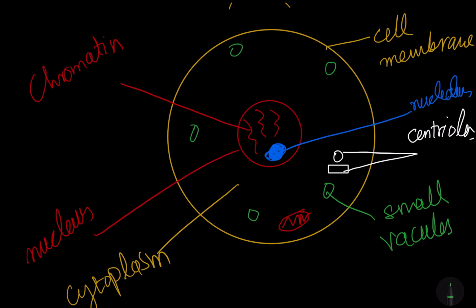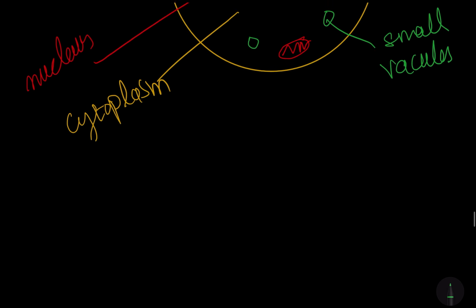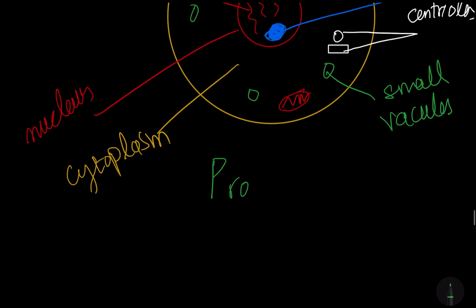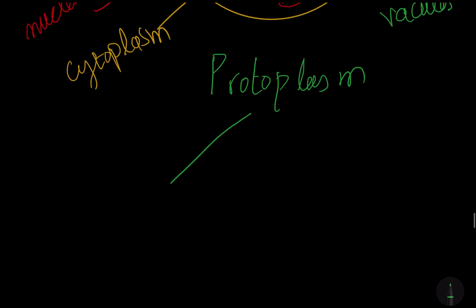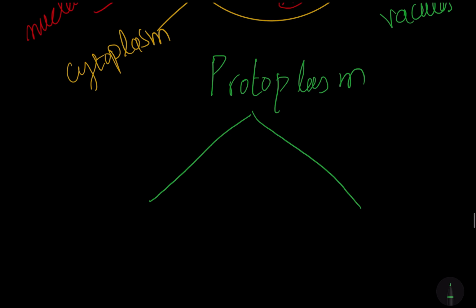This cytoplasm, this protoplasm, which is called the living matter, exists in two forms. Protoplasm is the living matter of the cell. One form is known as the liquid state, or you can call it the sol state.